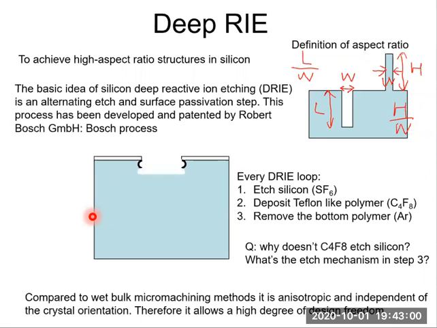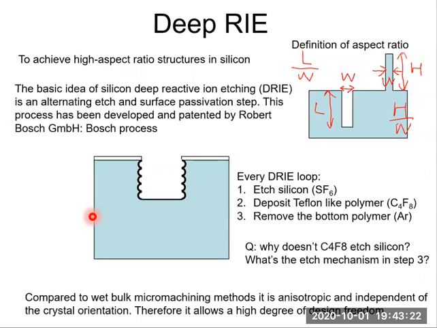Etch silicon using SF6, deposit Teflon-like polymer using C4F8, remove using argon, then SF6 again, deposition, remove the bottom layer, etching. So this loop is continued.